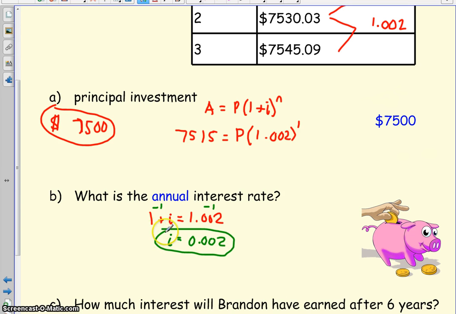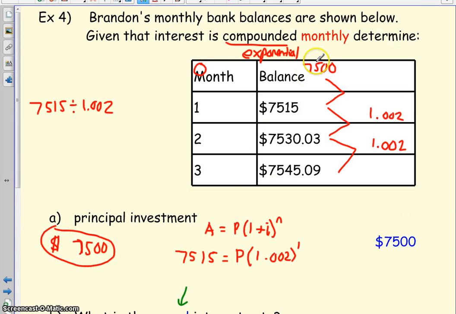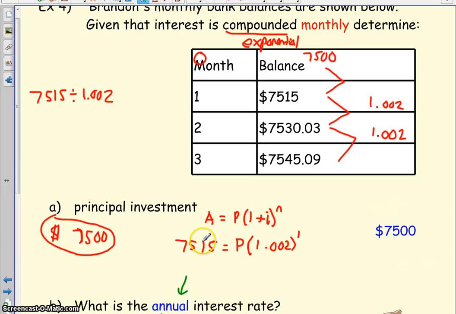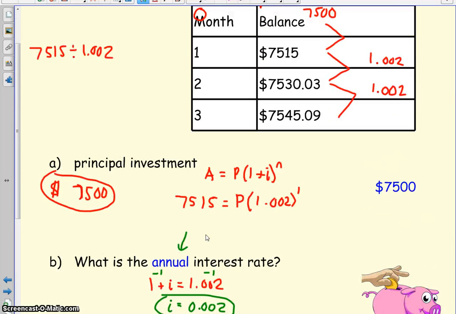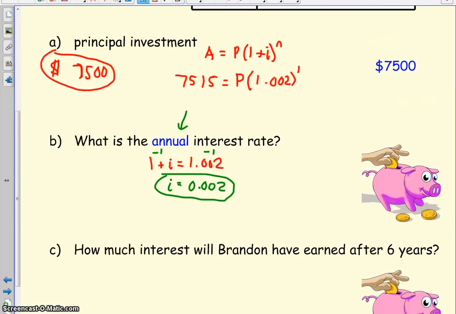Okay, but remember that, again, we're looking for the annual interest rate, and since this is compounded monthly, in order to get this, I would have had to take the annual interest rate and divide it by 12. So again, putting this into the form of an equation we can solve, whatever our annual interest rate, which was r, we had to divide it by 12 to get that value of i, which was 0.002.